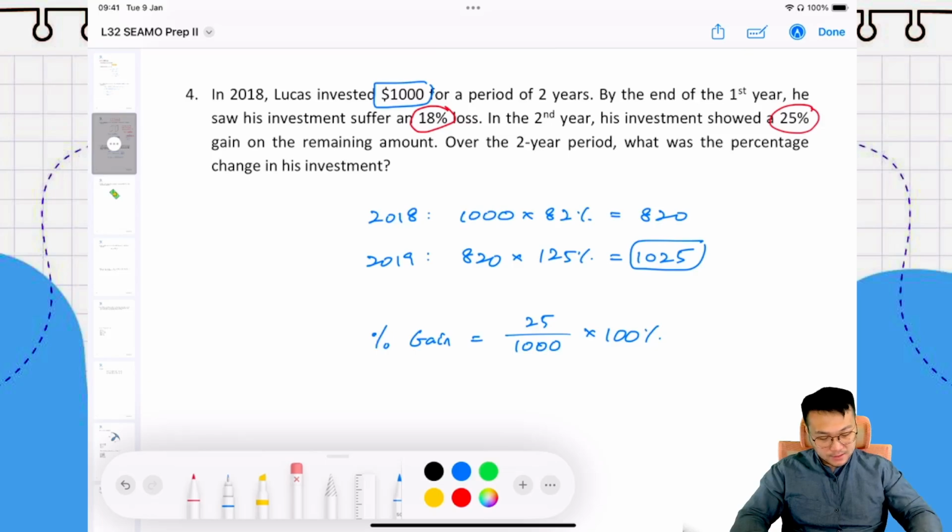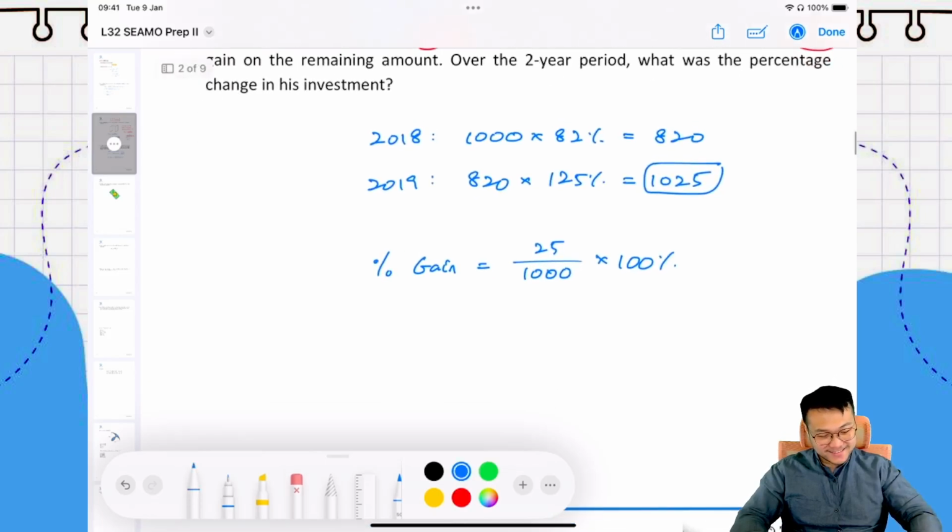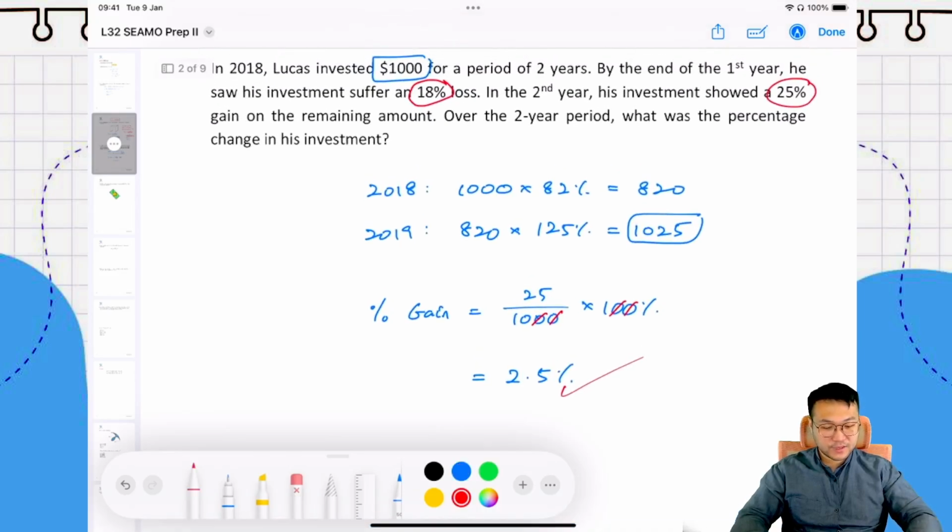So tell me, how many percent is this? Get rid of the zeros. And what do you get? 25/10. Which is 25 divided by 10 is 2.5. Very good. So it's 2.5%.